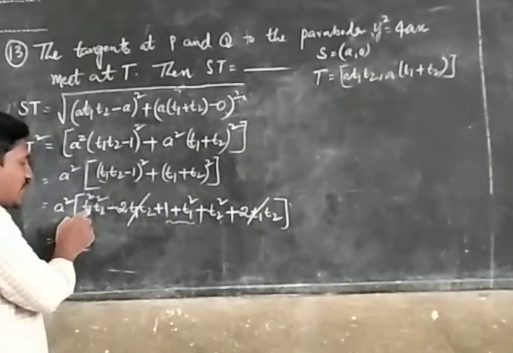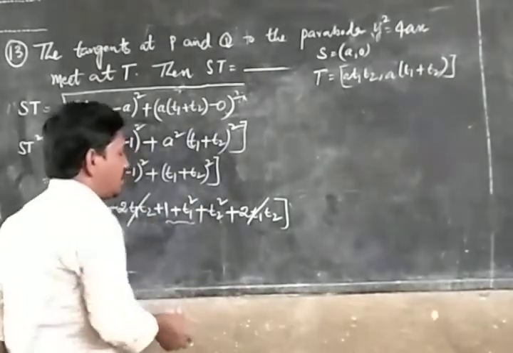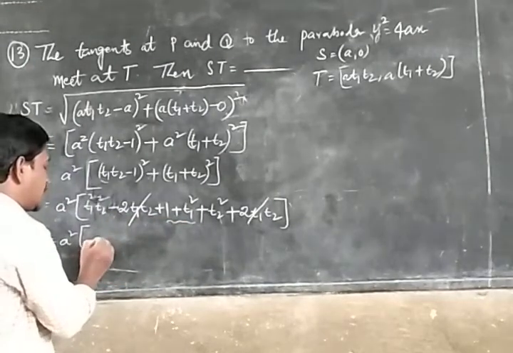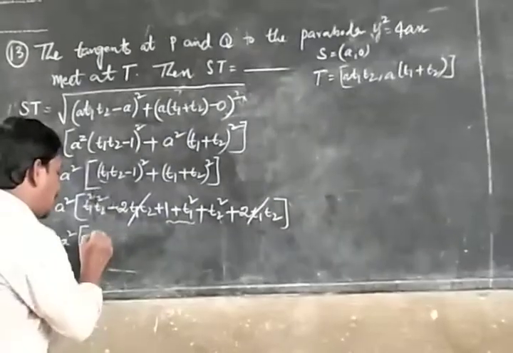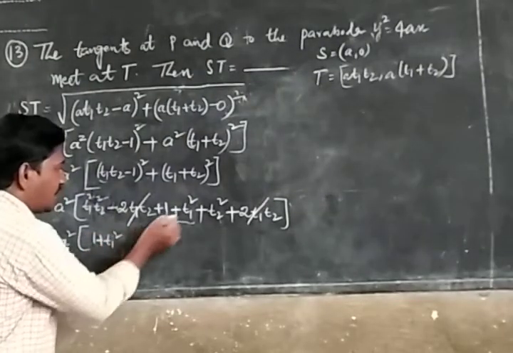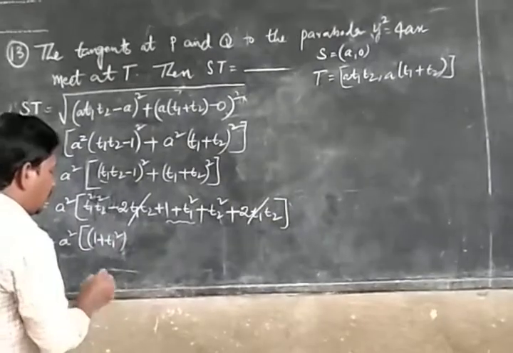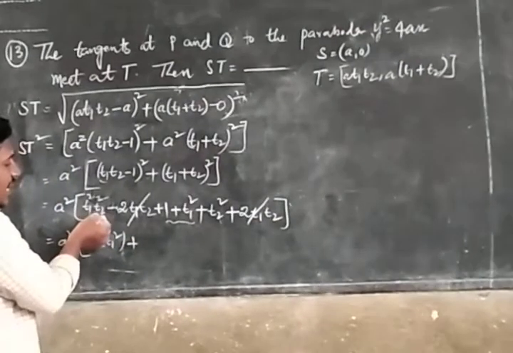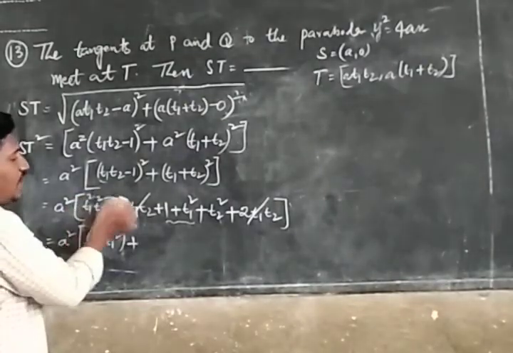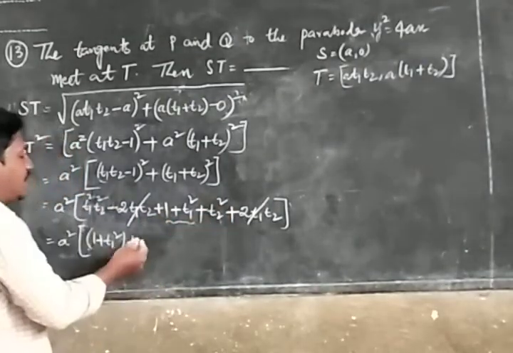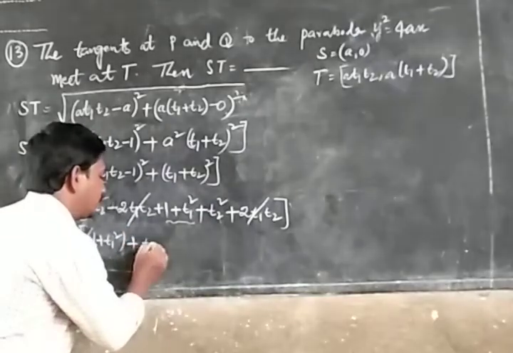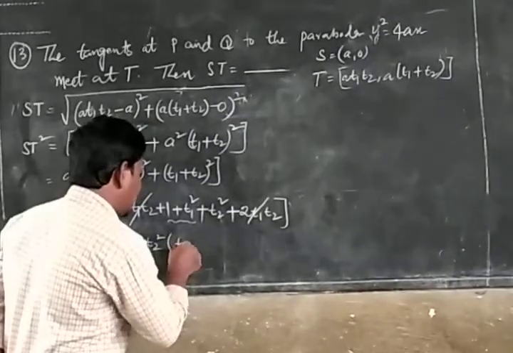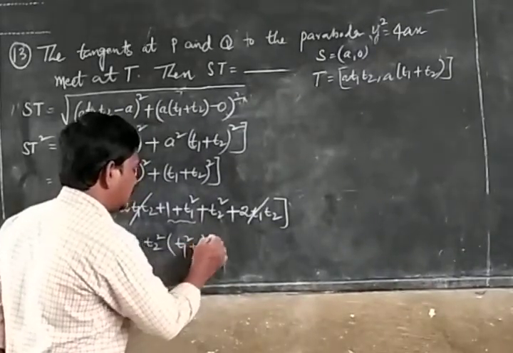Now observe t1 square t2 square, here t2 square. From those two terms, take t2 square as a common term. 1 plus t1 square as it is, keep it in a bracket, plus take out t1 square t2 square plus t2 square. From that, t2 square is a common term, here t1 square plus 1.